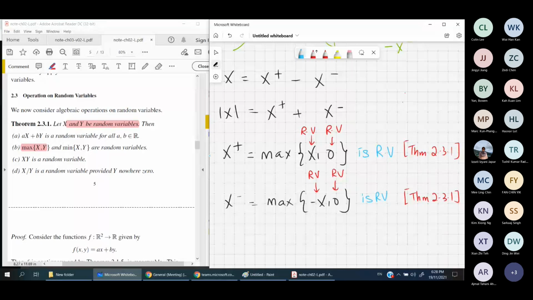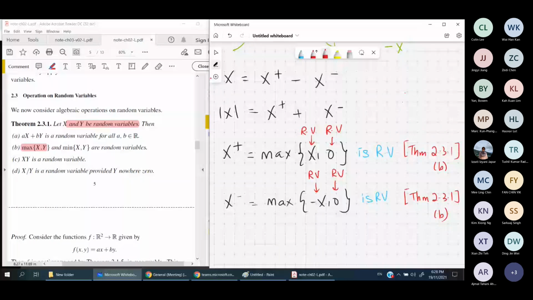So now we know X plus is a random variable, X minus is a random variable. Based on this, to be more specific, we look at part B for this theorem. Next, we look at here, modulus of X is X plus plus X minus.